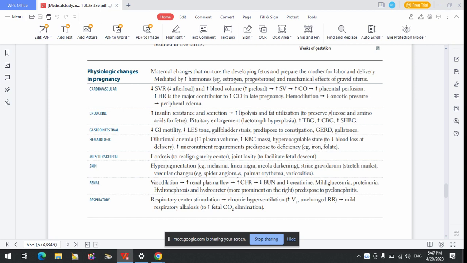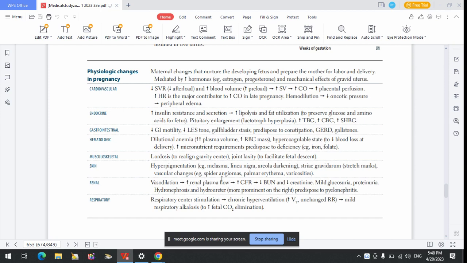The linea nigra is also very prominent. And of course, they have striae gravidarum due to the stretching by the fetus that is growing. It causes damage to the collagen fibers within the dermis and dilatation of the vessels there. The estrogen is responsible for the vascular changes in the skin, like the spider angioma.